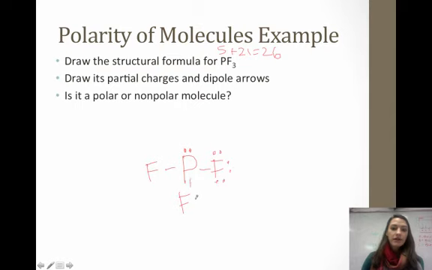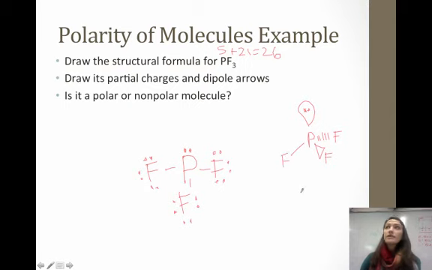I know I've got to have single bonds because phosphorus bonds 3 times and fluorine only bonds once. So this will be my diagram. You can see with my domain groups, I've got a phosphorus that's got a lone pair, and then I've got my 3 fluorines, and that's going to be a trigonal pyramidal shape.